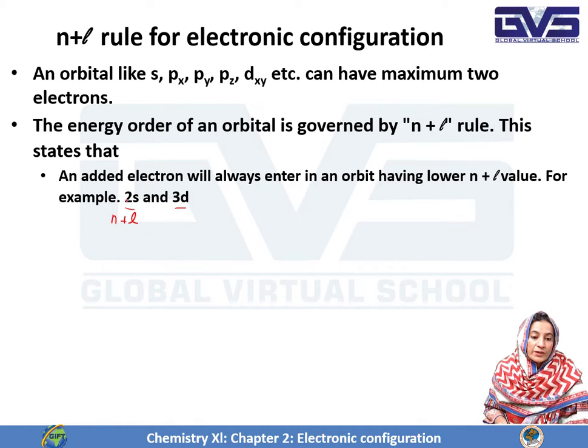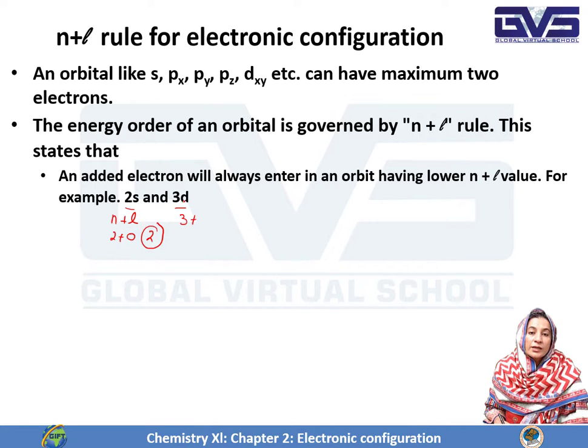For 2s, its principal quantum number is 2 and its azimuthal quantum number for s is 0. So we have the answer 2. And for 3d, the principal quantum number is 3 plus l for d, where s is 0, p is 1, d is 2. So 3 plus 2, you get the answer 5.